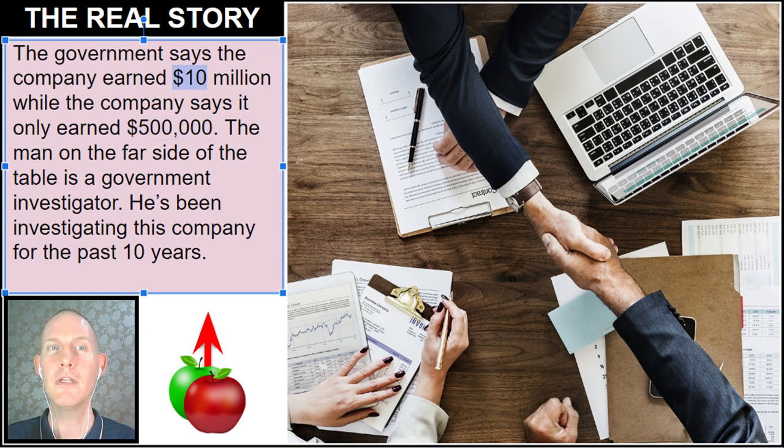So the problem here, at least from the government's point of view, is they want to get taxes. So if they need to pay 30% taxes or a certain amount of money, then they don't want 30% of 500,000. They want 30% of 10 million. But of course, the company's like, I don't want to pay that money. But it depends on the laws of the country that you're in.